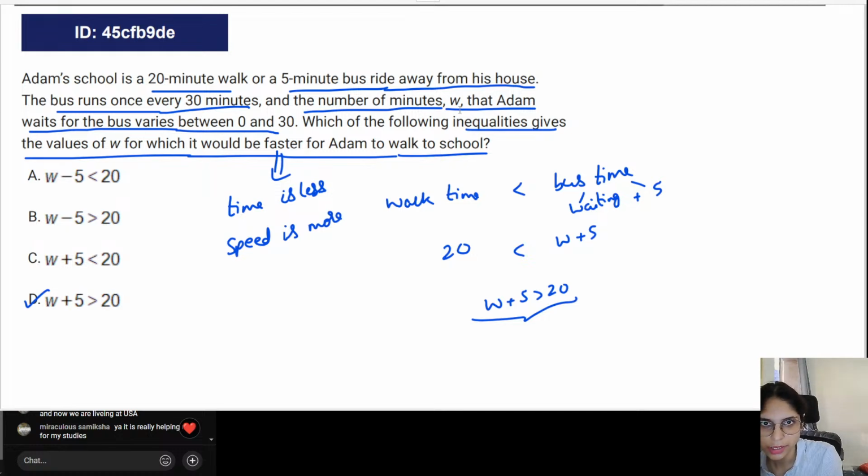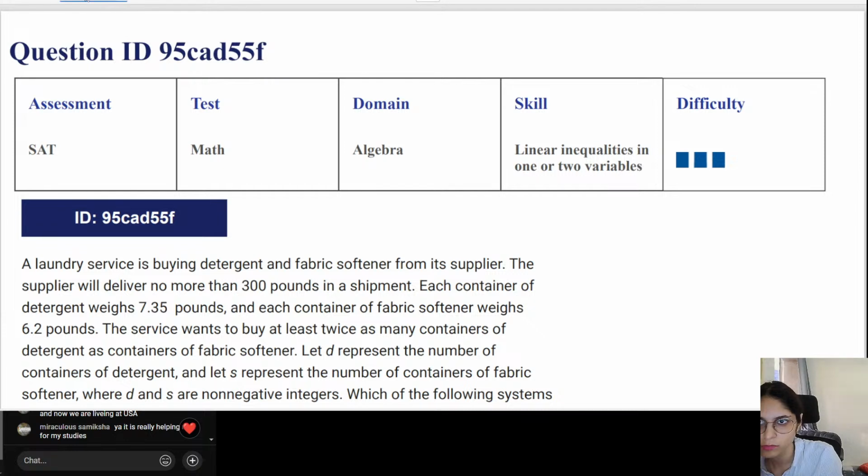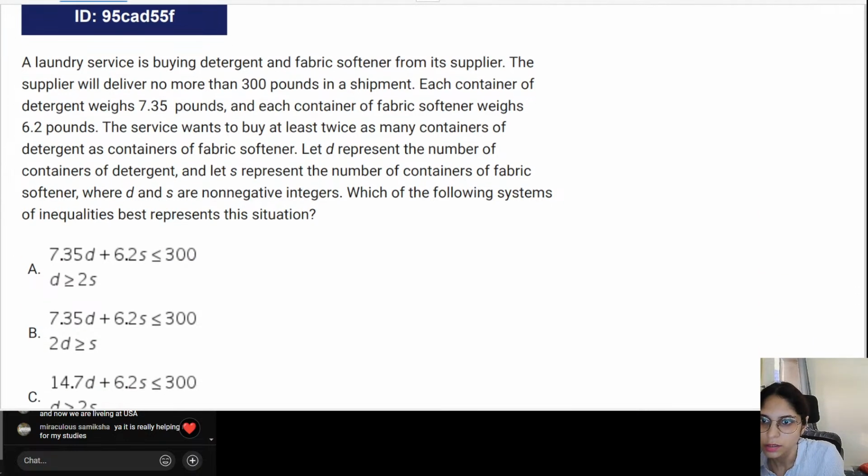Next is question number 8. A laundry service is buying detergent and fabric softener. So there's detergent and there is fabric softener. D is the number of containers of detergent. S is the number of containers of fabric softener.